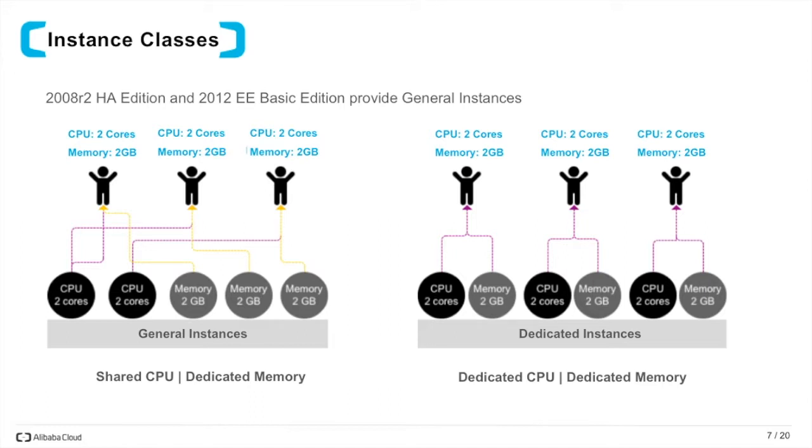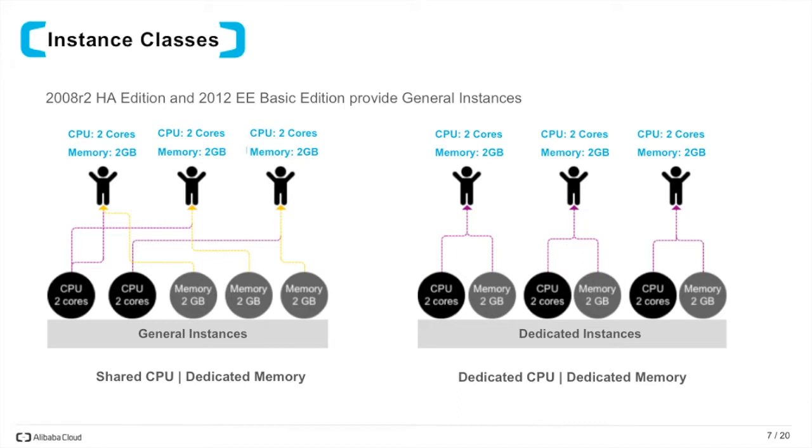There are 2 class types, general instance and dedicated instance. The difference between them lies in their CPU composition. If you purchase the dedicated instance, you get exclusive CPU resources, but for general instance, you don't.